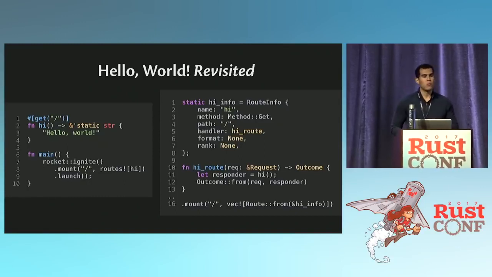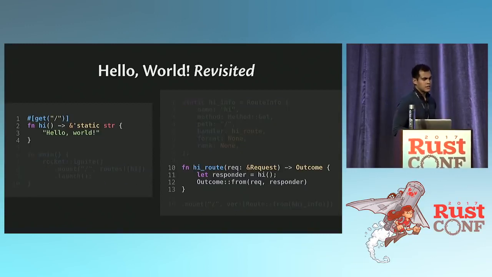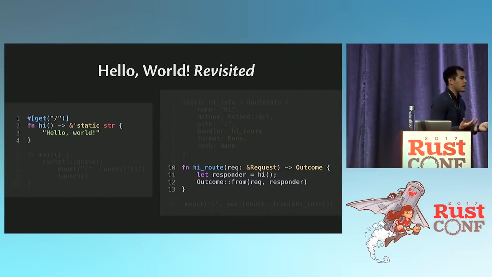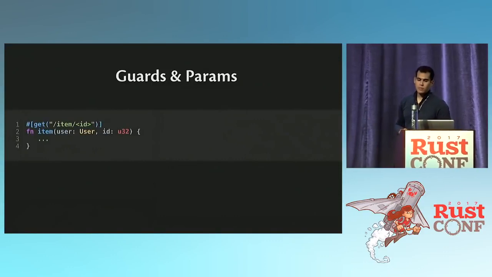So that is the code that Rocket generates. Actually, pretty straightforward. And the key here is this monomorphized function. We can take any signature and convert it into a function that has a static type, that has one type.